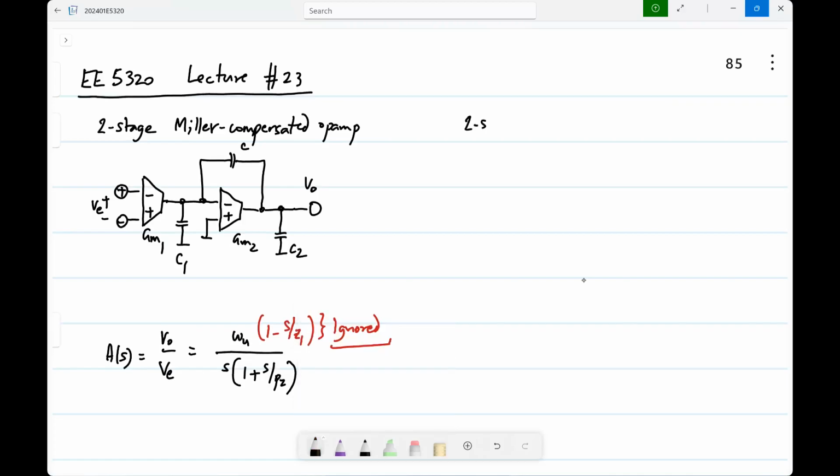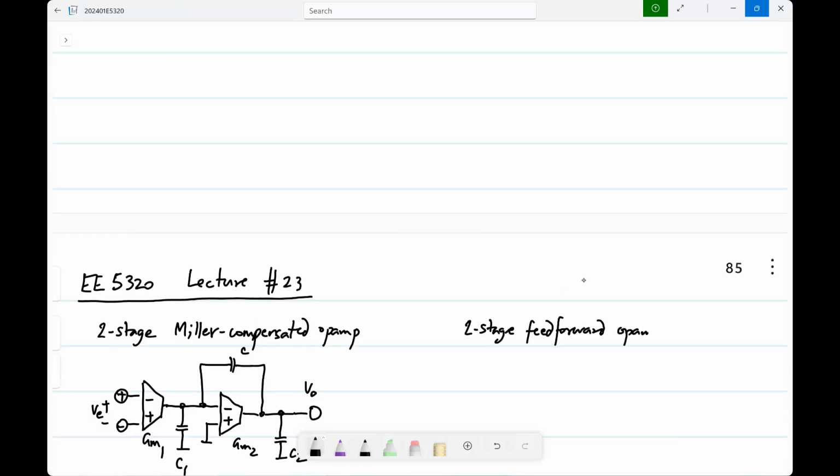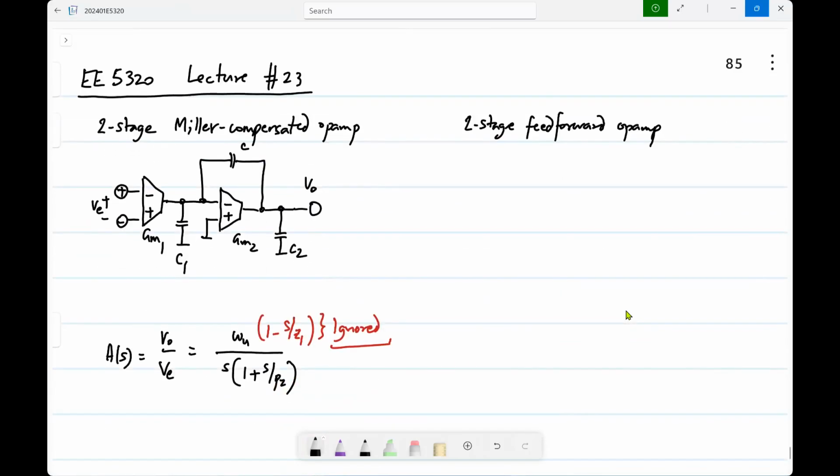And then we also have the two-stage feed-forward amp, which looks like this. You have two paths in parallel from the input to the output.